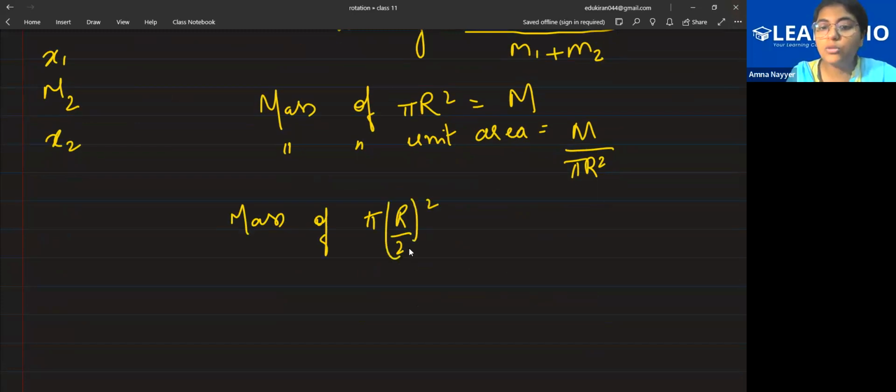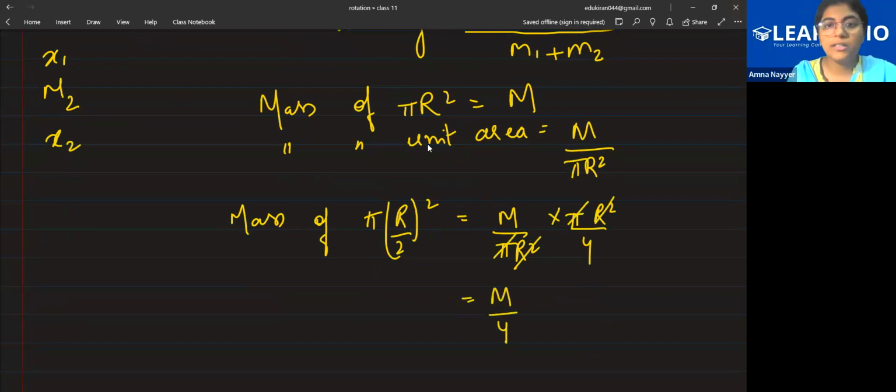Unit area is M by pi r square. So for pi r by 2 whole square, it will be M by pi r square into pi r square by 4. So r square will be cancelled, pi will be cancelled. So what is the mass that you're getting? This mass is M by 4.